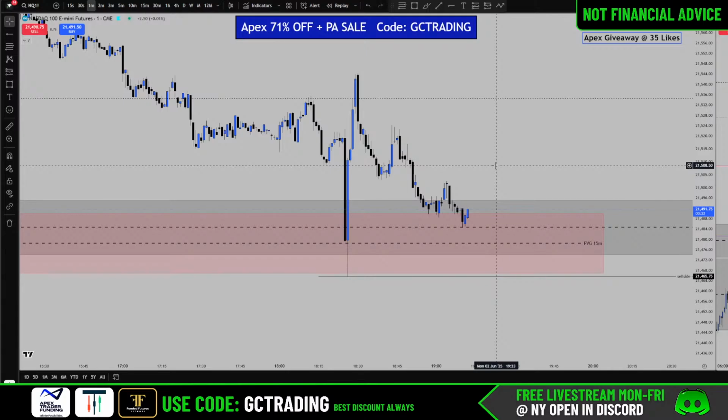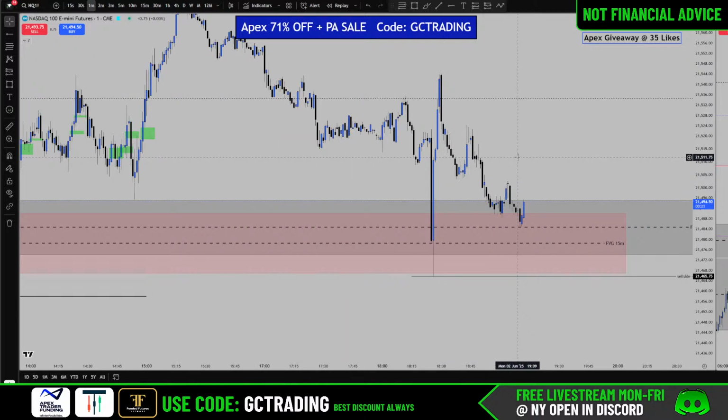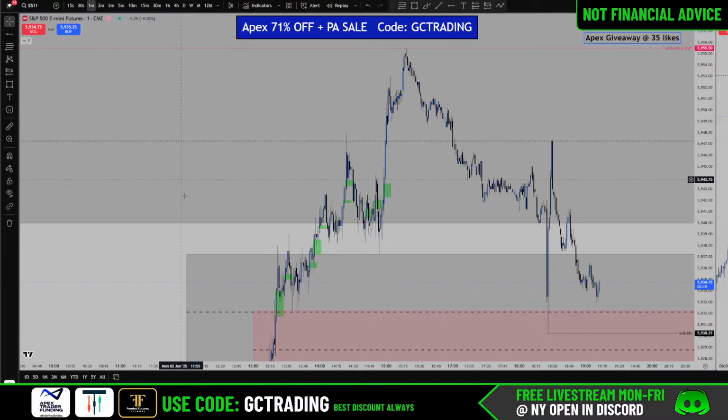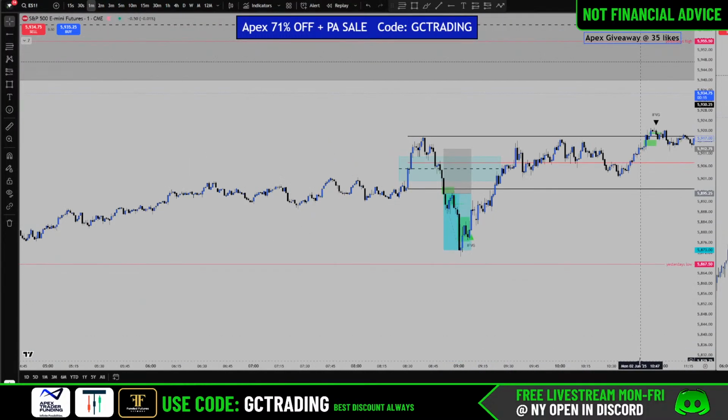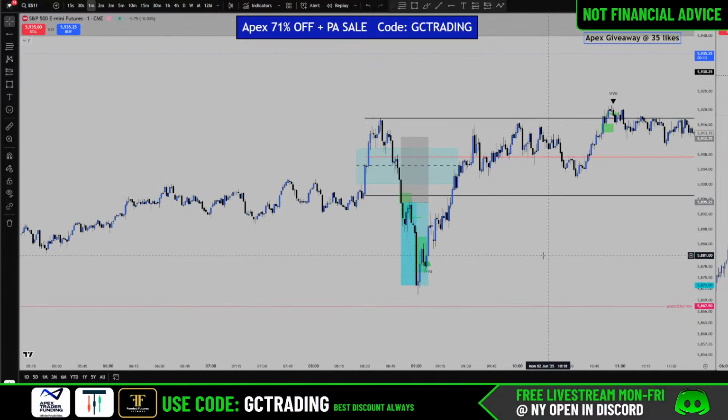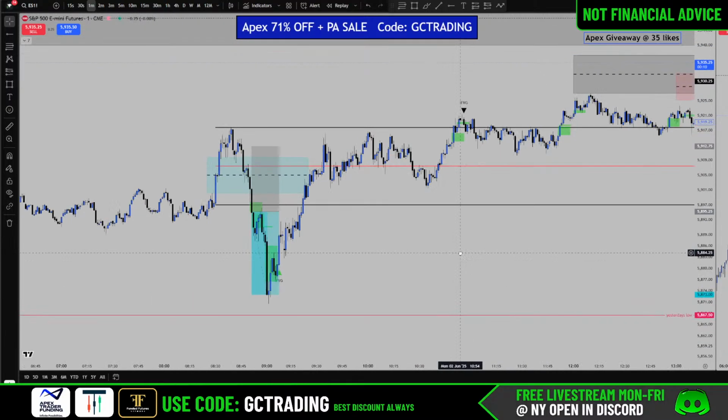So on Mondays these past few weeks, you would have had to be super aggressive to get a really nice chunk of the move. That's why I took that short today. It was definitely on the more aggressive side, but that's what this type of price action called for.